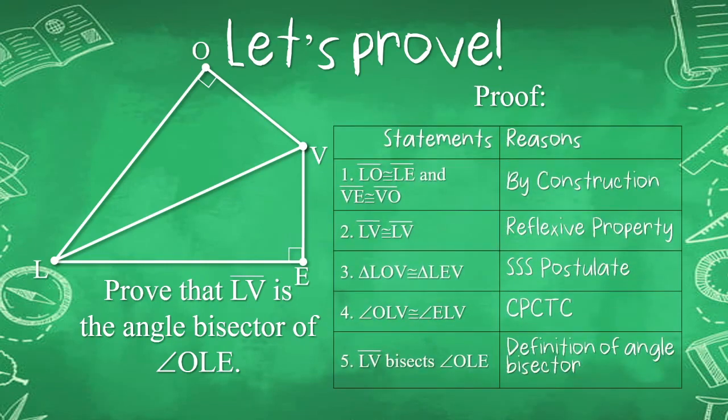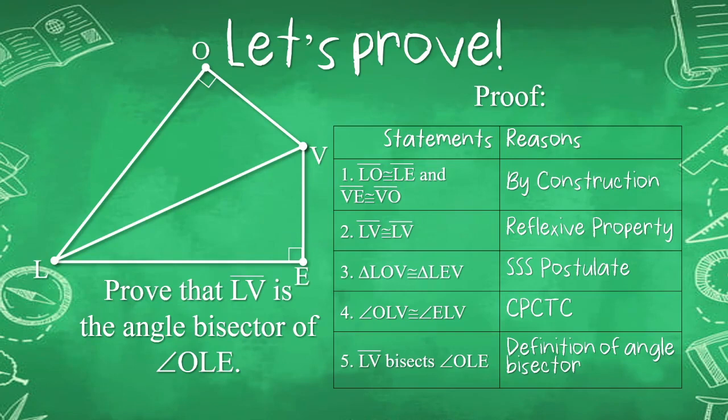First statement shows that segment LO and LE are congruent, as well as segment VE is congruent to segment VO by construction. Segment LV is congruent to segment LV by reflexive property.